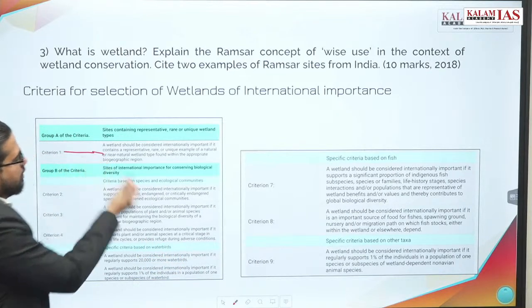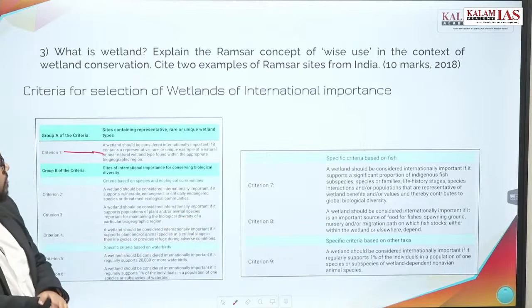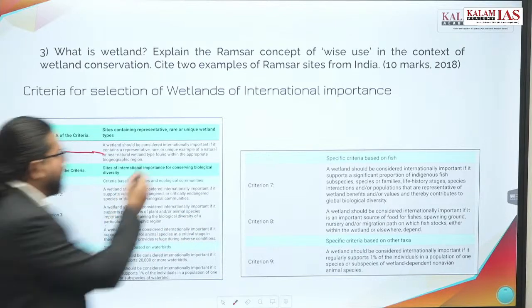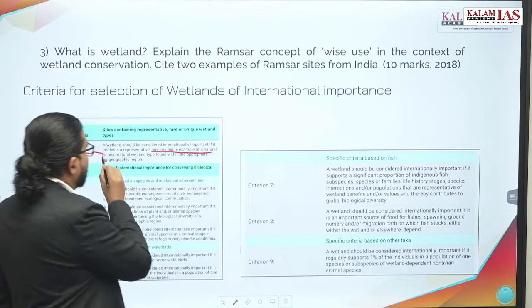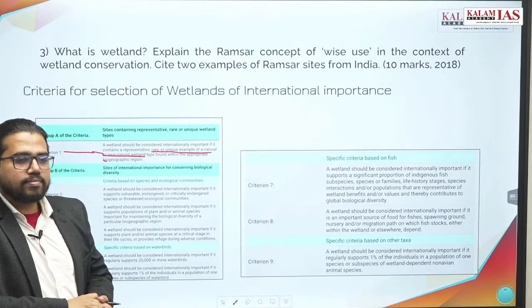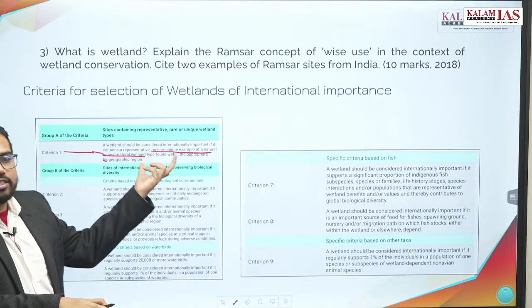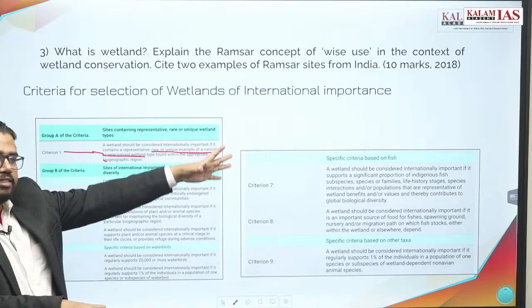Criteria 1, what is it? Some kind of rare, unique, natural wetland type is there, some kind of natural rare ecosystem is there, then you can classify it as Ramsar.